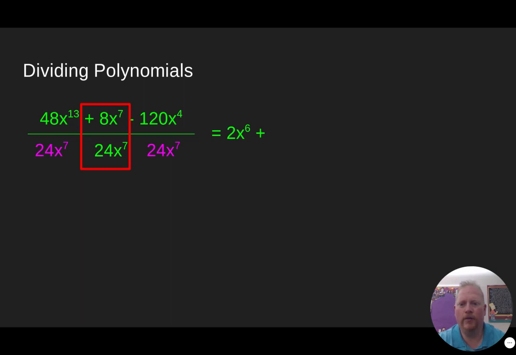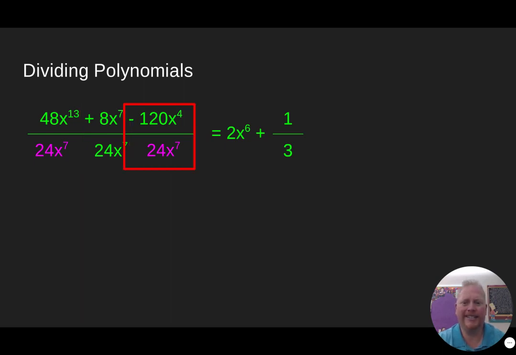So 8 over 24. 24 does not go into 8, but 8 over 24 can reduce to 1/3. And then you take a look at x to the 7th over x to the 7th. The x to the 7ths cancel out. So that's just going to be 1/3 as the middle part of your answer. Then let's move on to the next part.